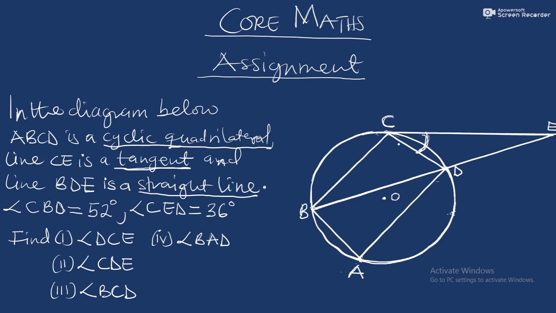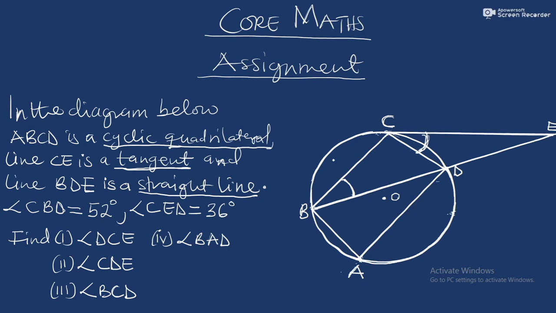So the angle here, which was formed from chord CD, is the same as the angle here between the tangent CE and the chord CD. Now we were given angle CBD to be 52 degrees. So it means that angle DCE is also what? 52 degrees. I hope you get it.